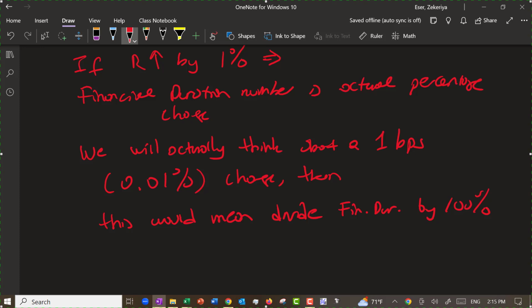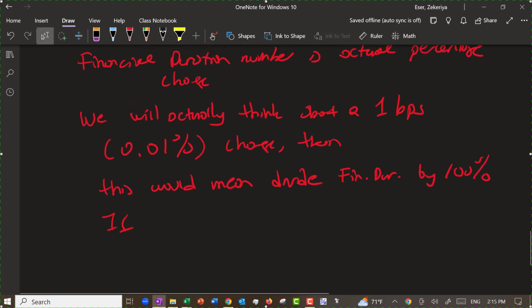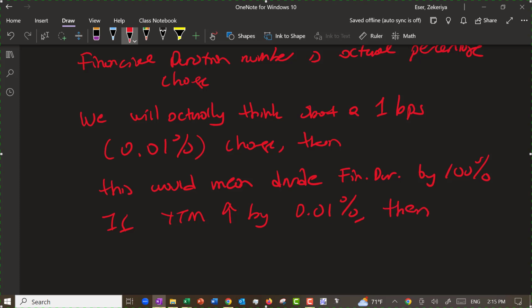So if YTM increases by 0.01%, then period rate increases by 0.01% divided by frequency.